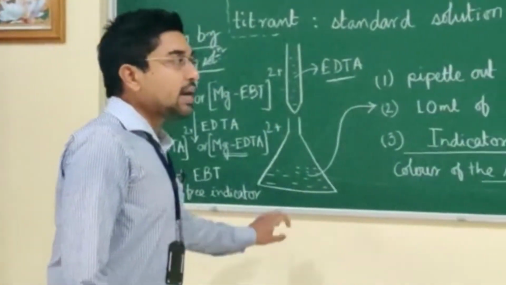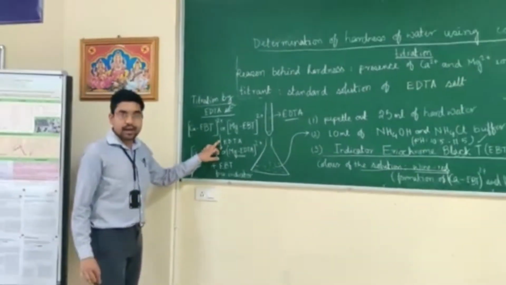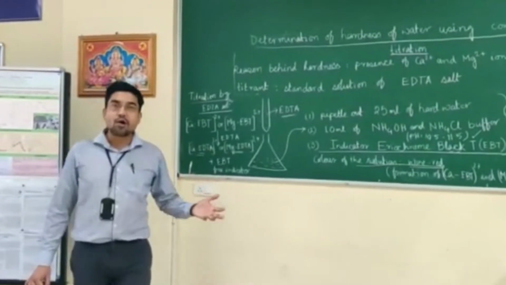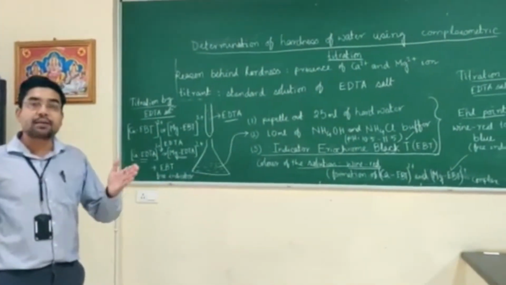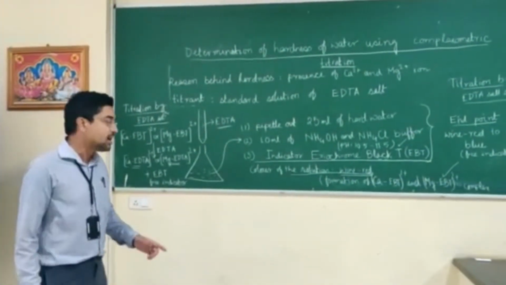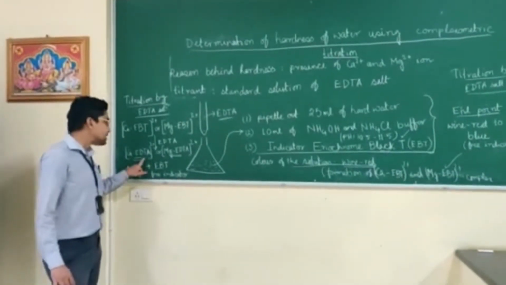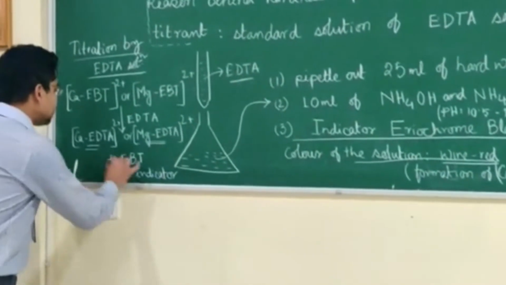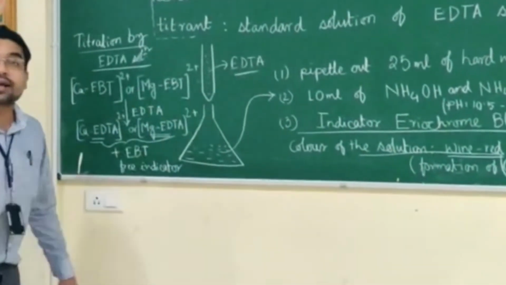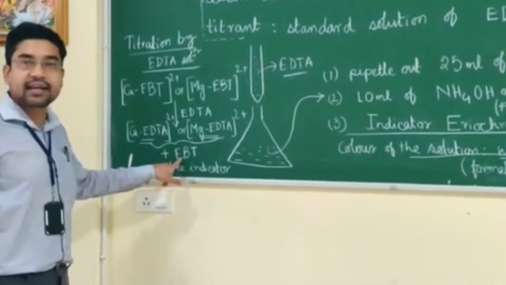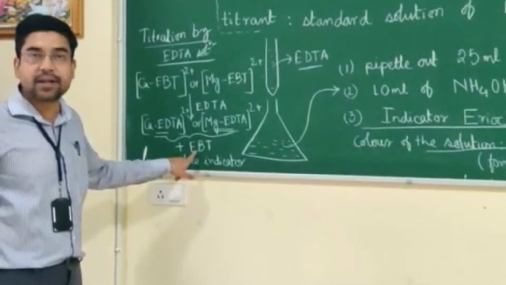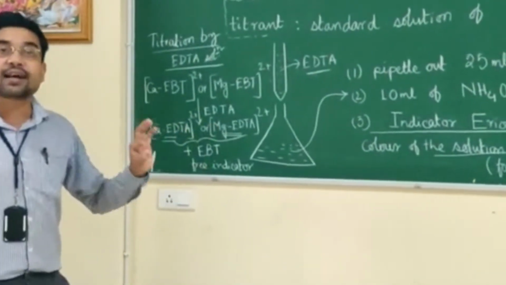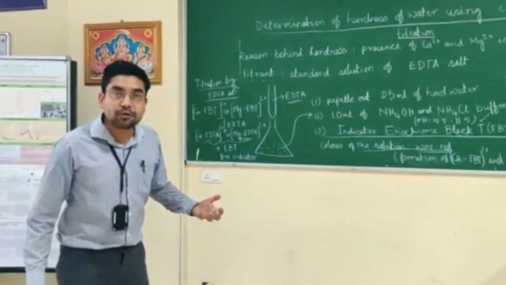Now, when we come to the end point, what happens at the end point? All the calcium and magnesium indicator complexes are converted into calcium EDTA and magnesium EDTA complexes. These two complexes are colorless, but the free indicator which is coming out, that is EBT, at that pH its color is clear blue.